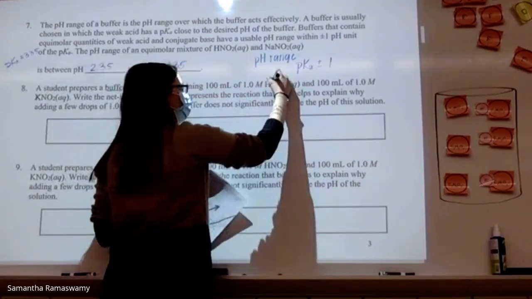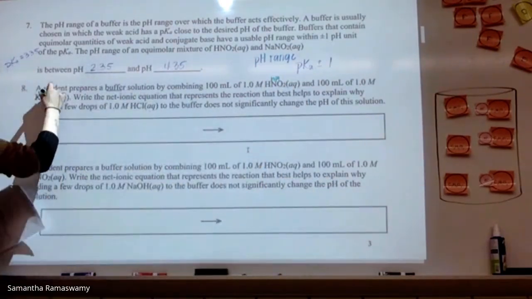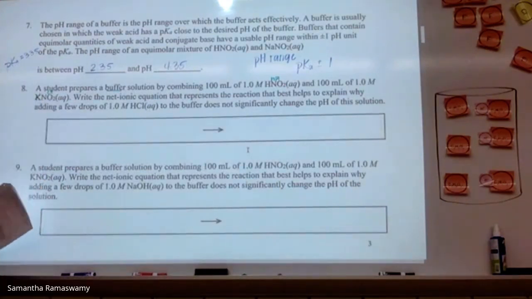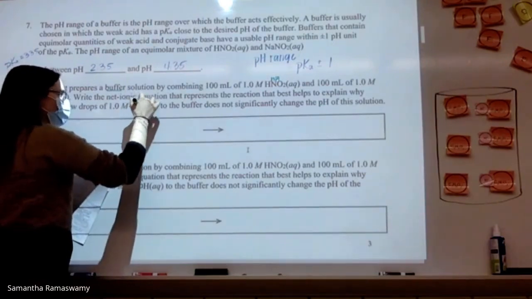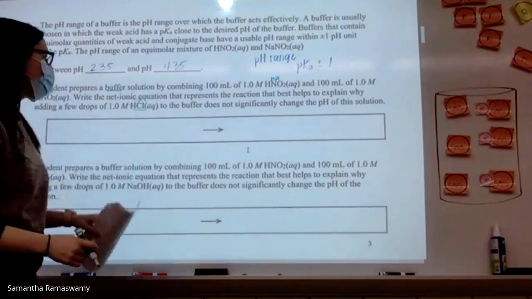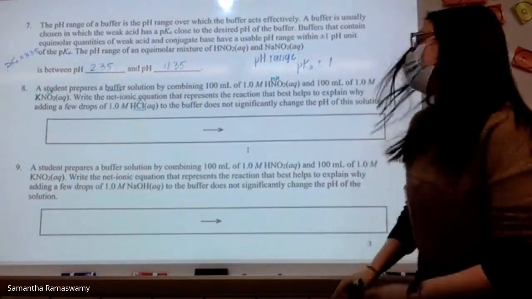So I noticed that this is an acid. It's a weak acid. And here is the conjugate base. Right, the net ionic equation that represents the reaction that best helps to explain why adding a few drops of HCl, which is a strong acid, to the buffer does not significantly change the pH of the buffer solution.